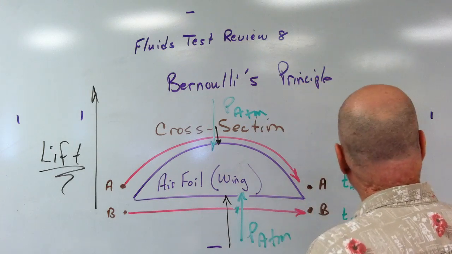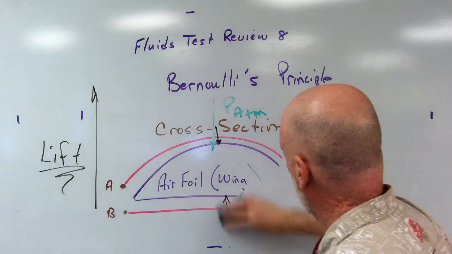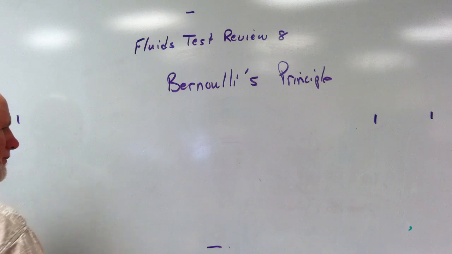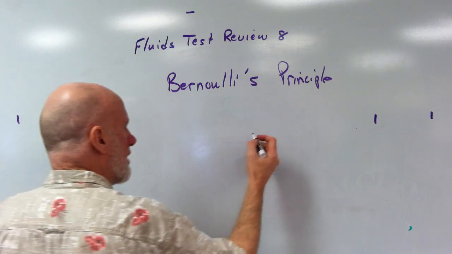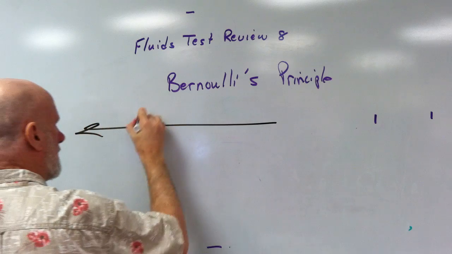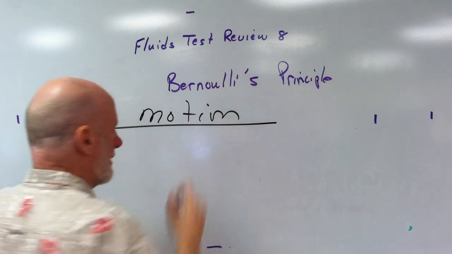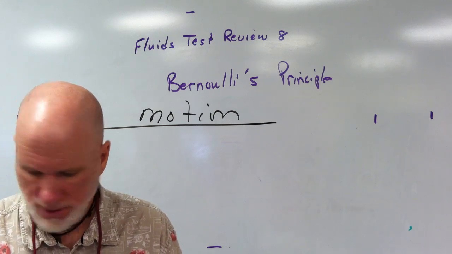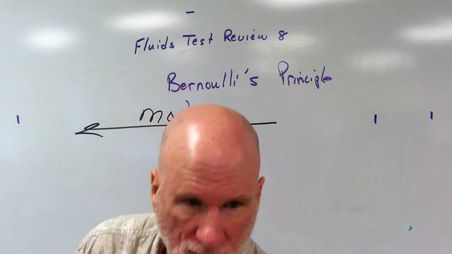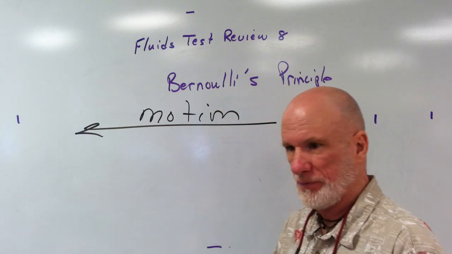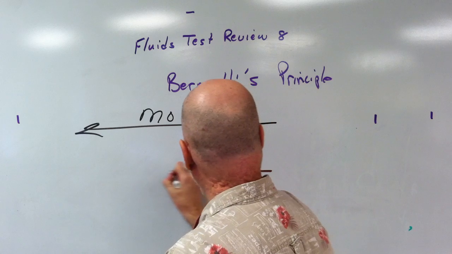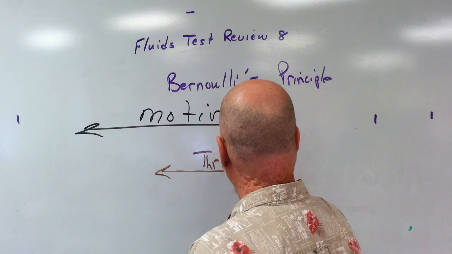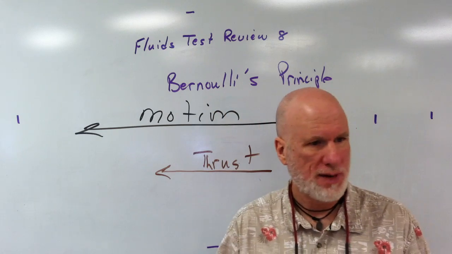So, you have four vectors. What are they? The motion is going this way. What's the forward vector called? Thrust, right?